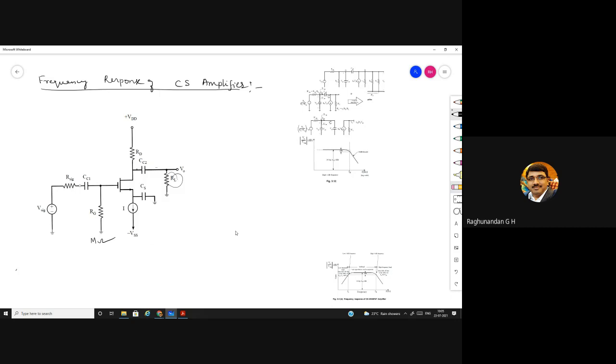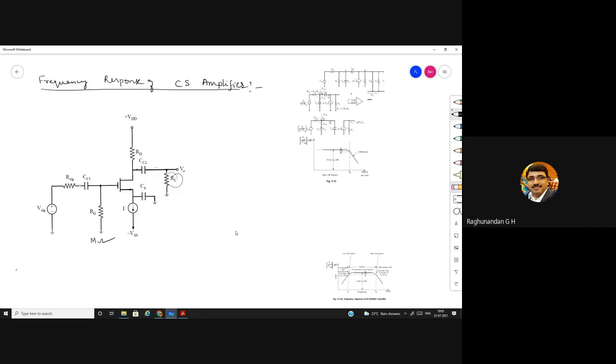As we know, it is a common source amplifier, and the common source configuration is the most widely used configuration with respect to the MOSFET.